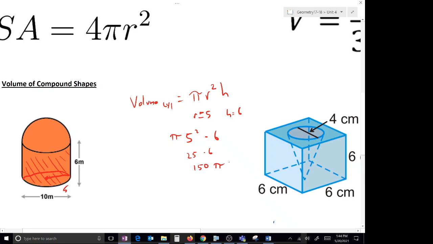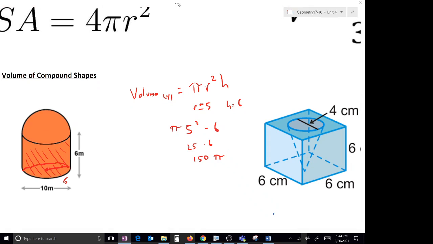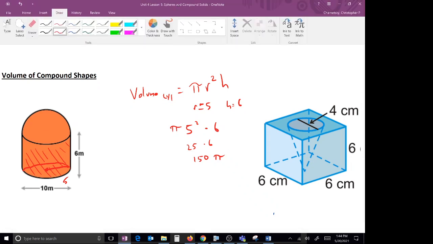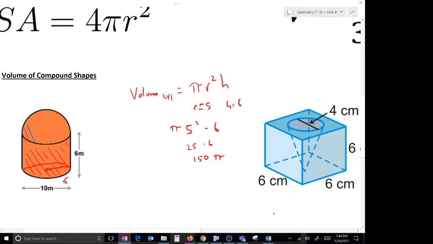I'm just going to keep that in terms of pi. To solve the hemisphere, which is up here, I'm going to find the volume of the sphere and then divide it by 2 to get half of the sphere. Radius is still 5, so 4/3 pi r cubed.